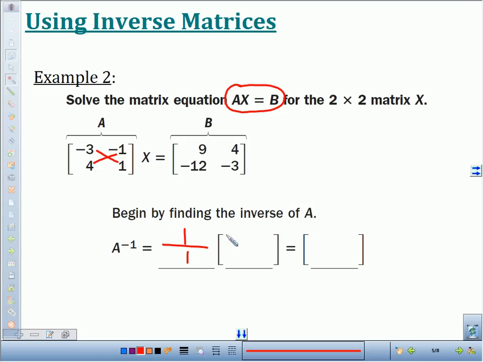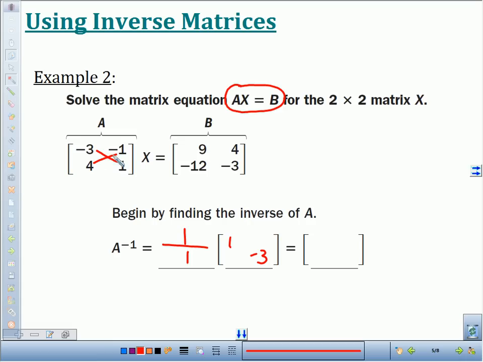The next thing we need to do is look at the matrix itself. Now, along our line from the right side here, we go negative 3 to 1. Those switch places. So I've got 1 in the top portion, D becomes A, and negative 3 in the bottom.